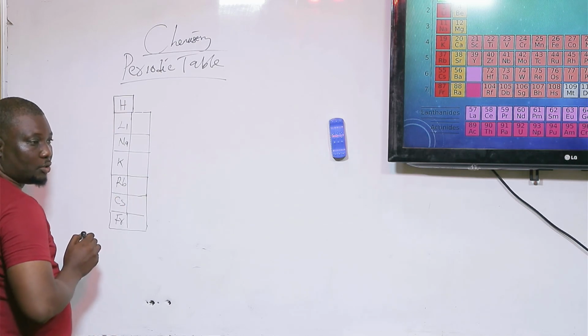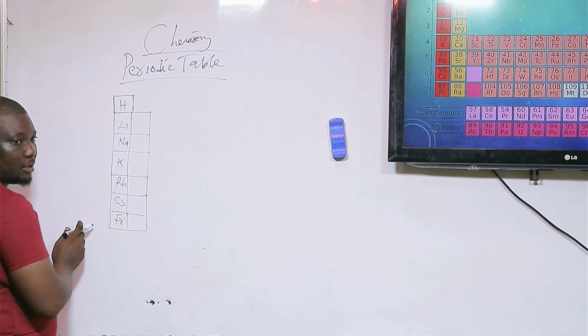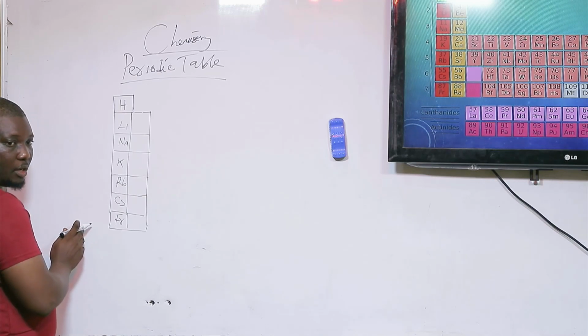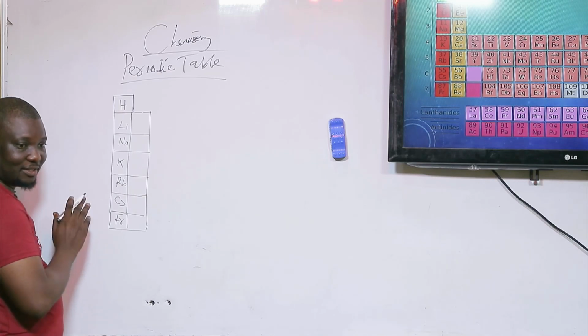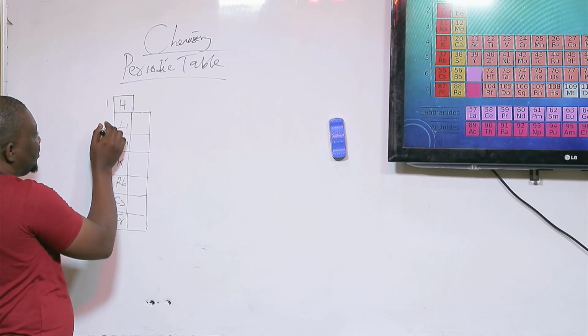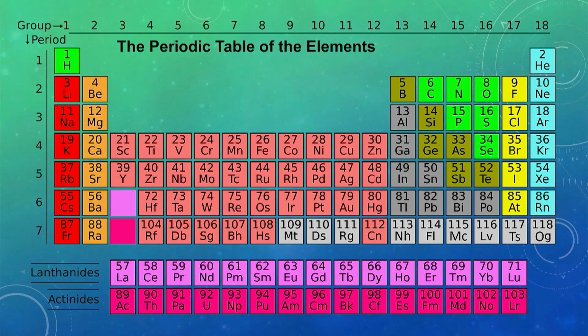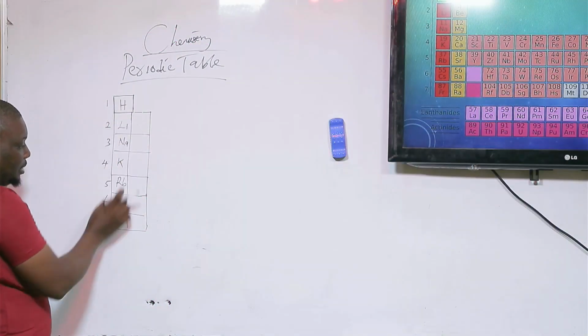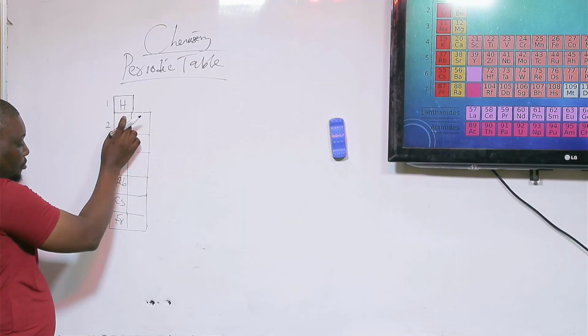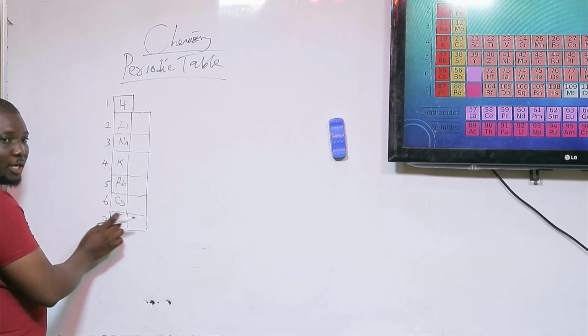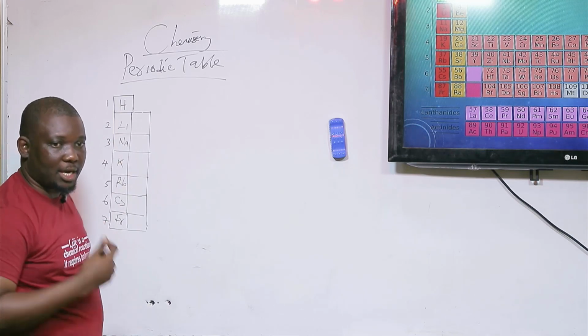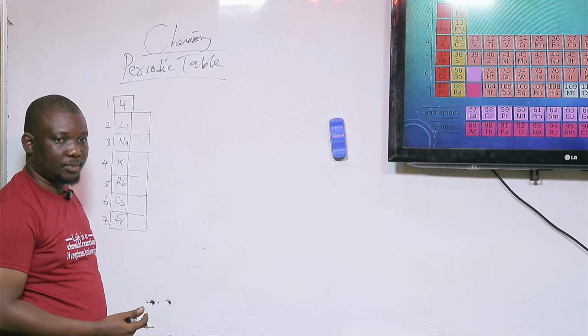Are you there? So that gives you how many rows here? 7, which is 1, 2, 3, 4, 5, 6, and 7. That means apart from hydrogen, all the elements placed here, from lithium to francium, have the same chemical properties.